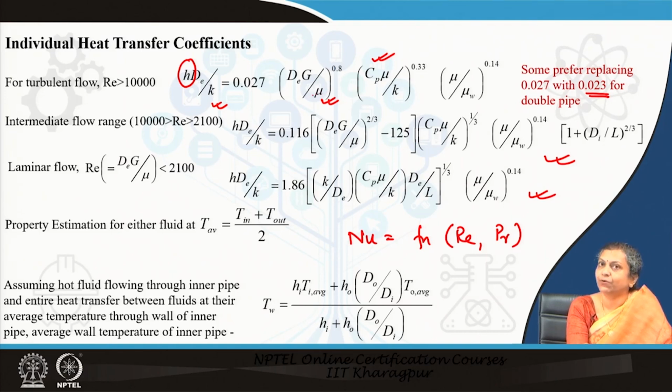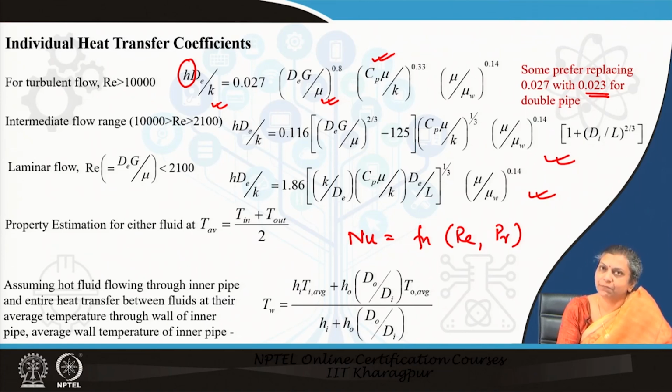If you have seen the problem that I had given you, the mu was specified over a range of temperature, and you will find that mu is quite a significant function of temperature. Even if your K or Cp do not change much with temperature, mu changes with temperature. So, under what conditions are you going to evaluate these physical properties?